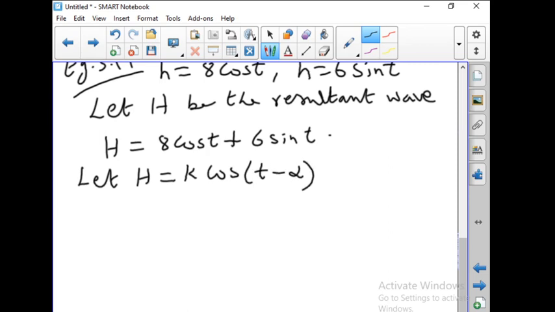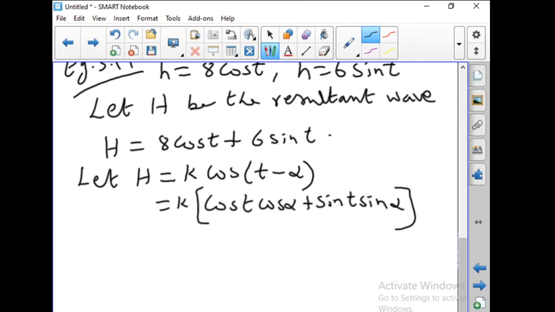Okay, we'll assume this. So what is it? K into cos of t minus alpha is cos t cos alpha plus sin t sin alpha. And H is nothing but 8 cos t plus 6 sin t.